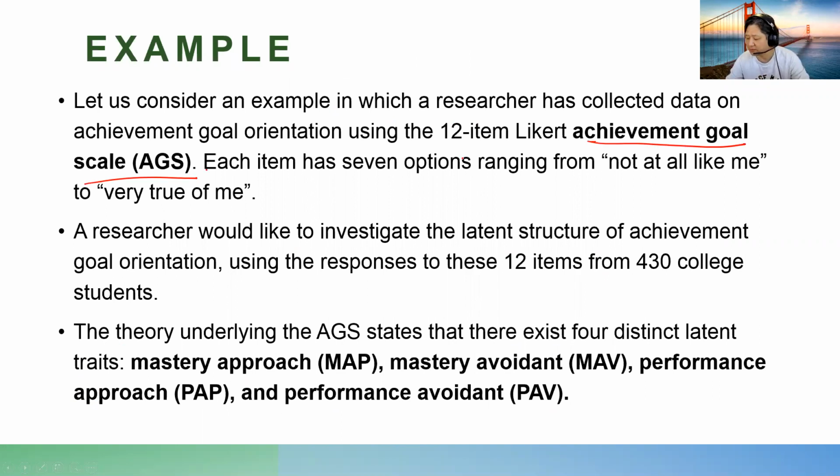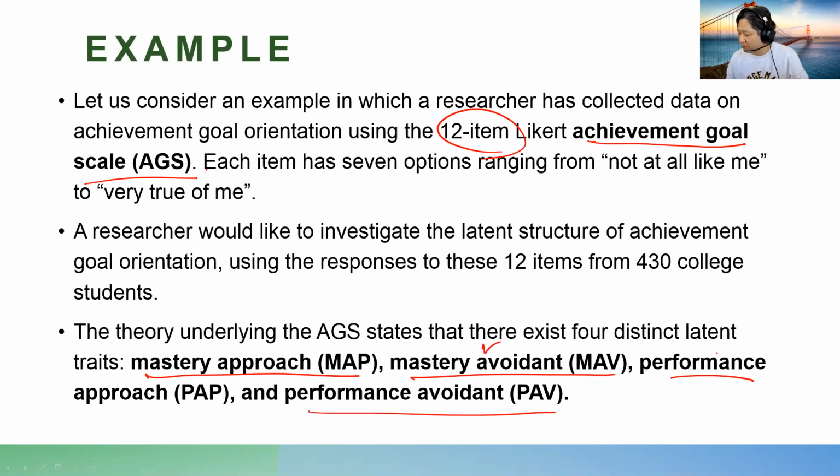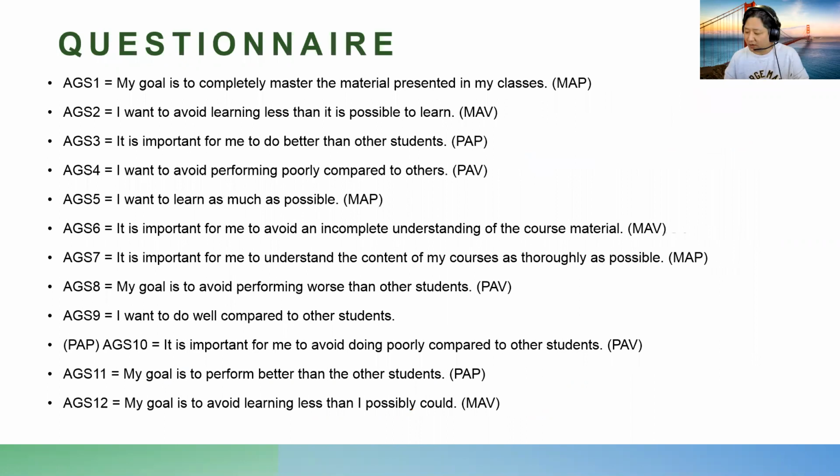These 12 items were developed based on 4 different theoretical factors: mastery approach, mastery avoidance, performance approach, and performance avoidance. The first item is: my goal is to completely master the material presented in my class.